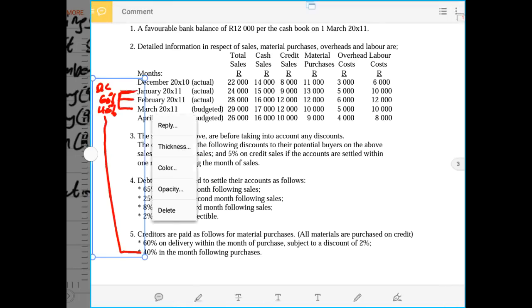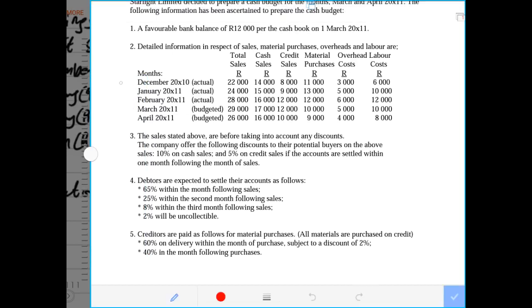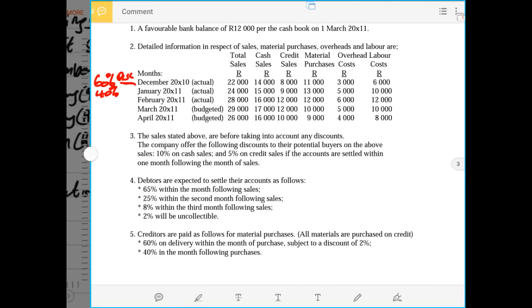Let me do that correction. For December, 60% will be paid within the month of December, and 40% will be paid within the month following the month of purchase. For the 60% there will be a discount, and for the 40% there will be no discount. And we are not doing a budget for either December or January. I think previously I phrased it wrong.